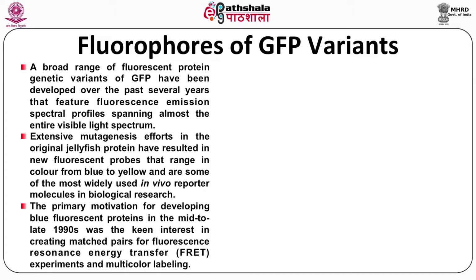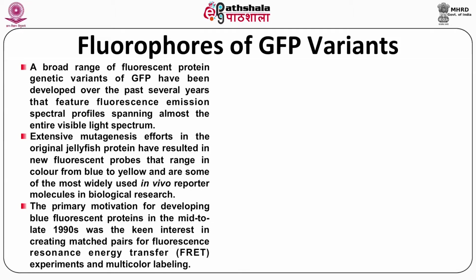Extensive mutagenesis efforts on the original jellyfish protein have resulted in new fluorescent probes that range in color from blue to yellow and are some of the most widely used in vivo reporter molecules in biological research. The primary motivation for developing blue fluorescent protein in the mid to late 90s was an interest in creating a matched pair for fluorescence resonance energy transfer experiments with a multicolor labeling option.